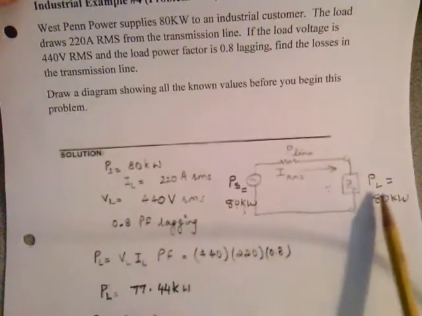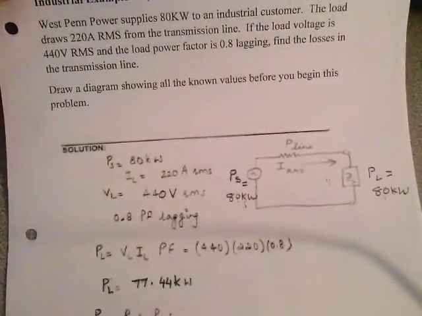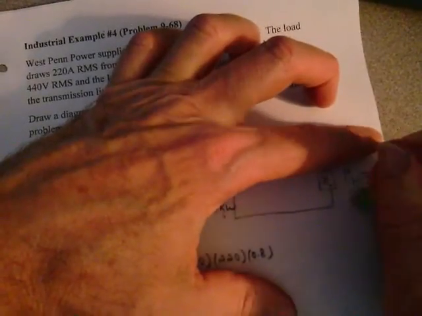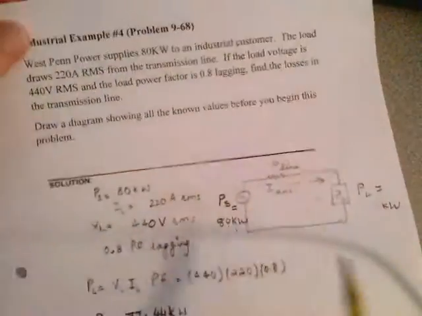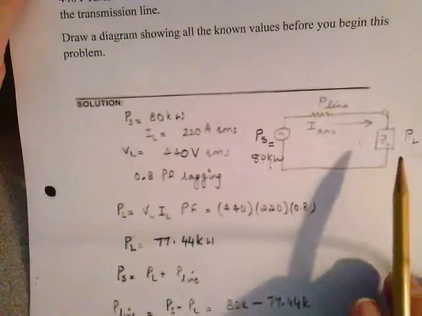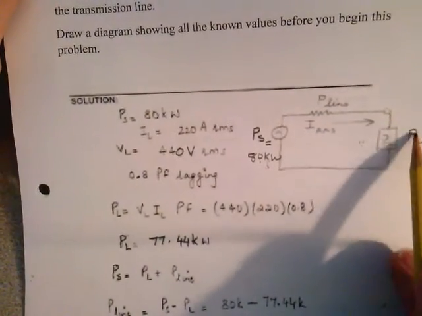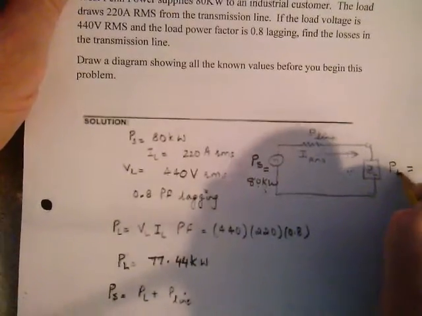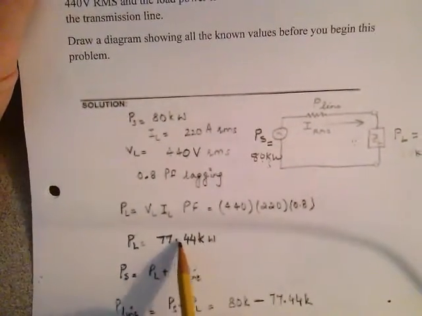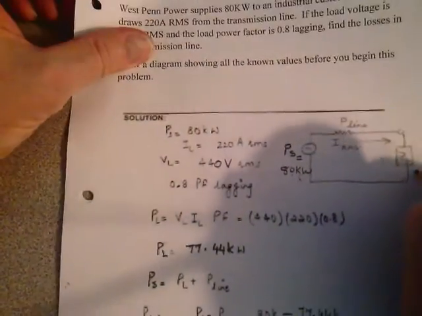This should have been a lot bigger here when I drew it, and then you have to calculate out here, based on the line voltage and the load voltage, what the power in the load is going to be. And that's what this 77.44 kilowatts is.